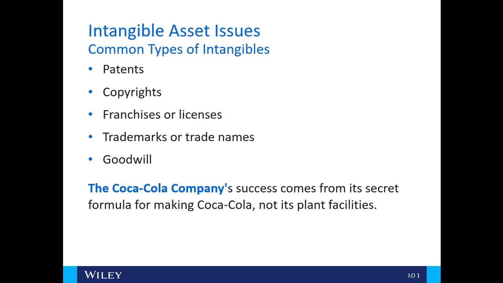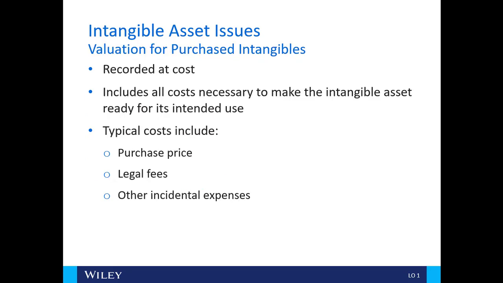So typical examples that we see are patents. A patent's an idea that you have, like an invention. Copyrights, franchises or licensing, trademarks, and then something called goodwill. Don't worry about goodwill now, we'll get back to that in a few minutes.